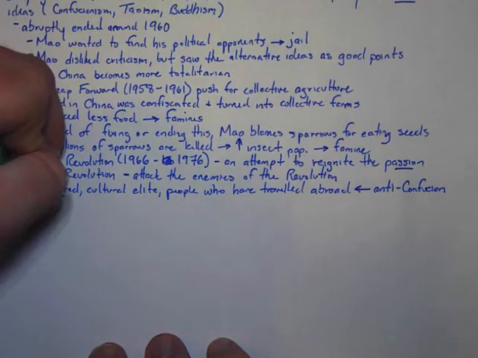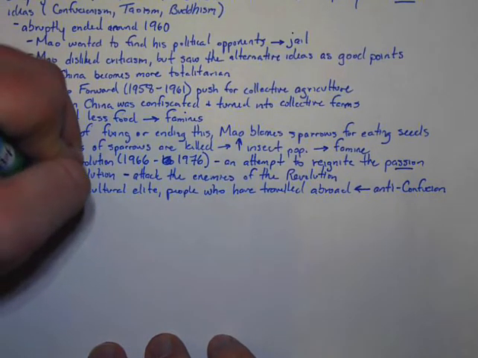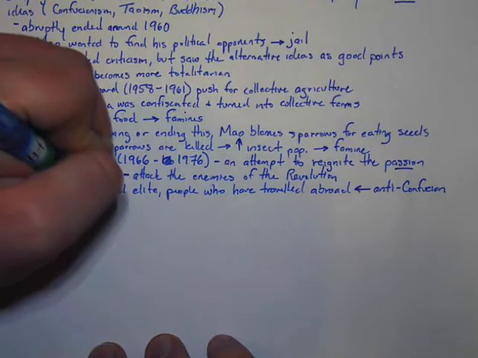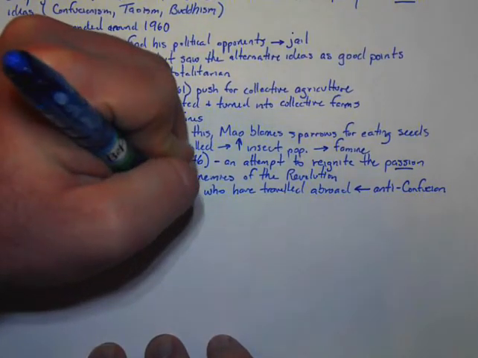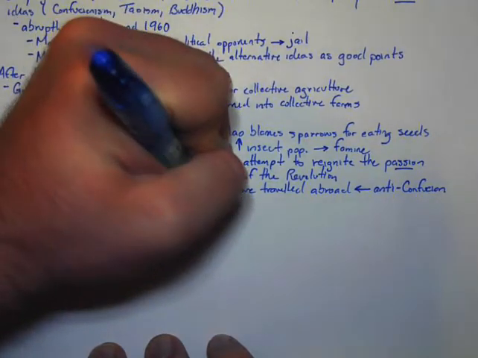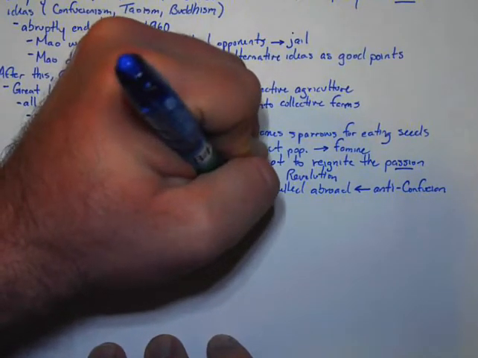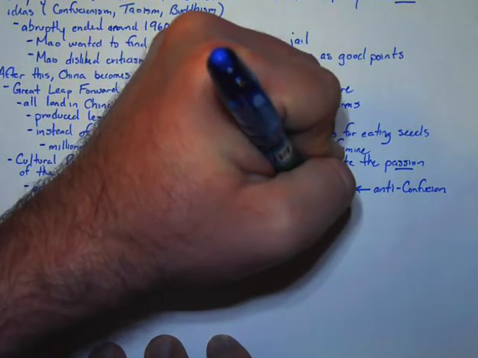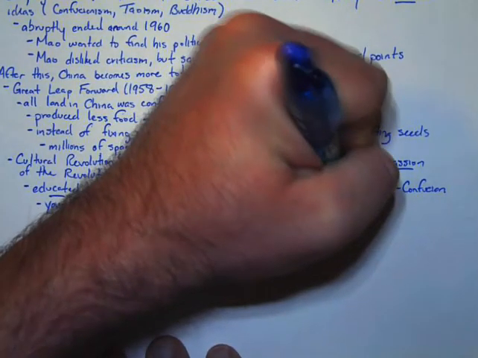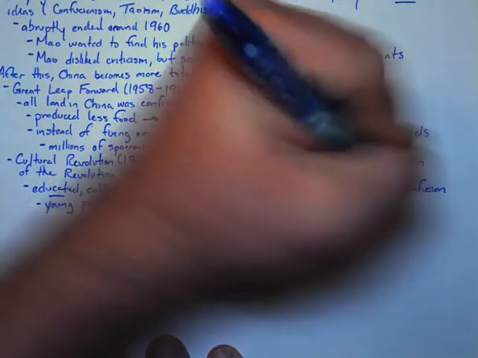Who is going to be doing the attacking? Young people. Young people are encouraged to attack their teachers and their elders. And again, this is an anti-Confucian idea.